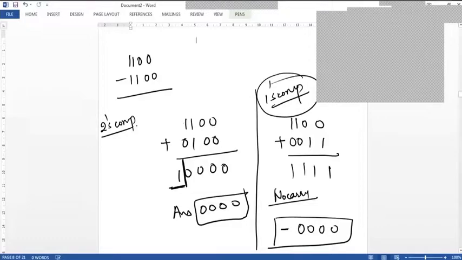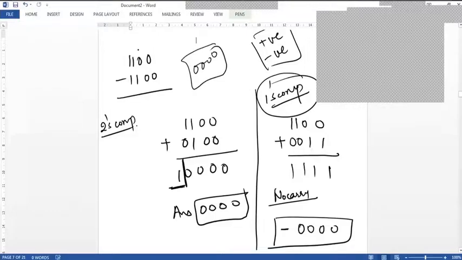Problem नहीं, but if I carry out subtraction using one's complement, it has 2 zeros in it. The zeros here are positive as well as negative. Whereas 2's complement में हमारे पास एक ही 0 है. ठीक है, कोई भी हम सब्ट्रैक्शन करते हैं तो यहाँ पे तो मुझे नेगेटिव 0 मिल रहा है. So I'm not saying which one is better, which one is not better.